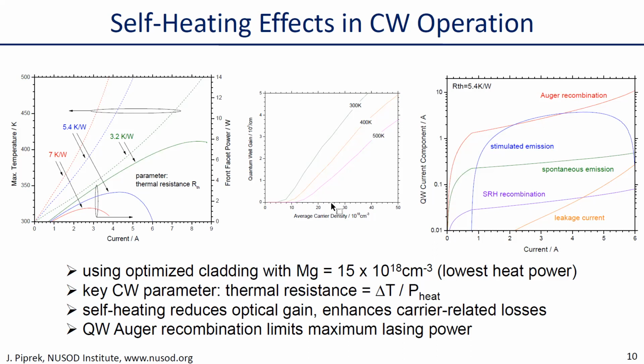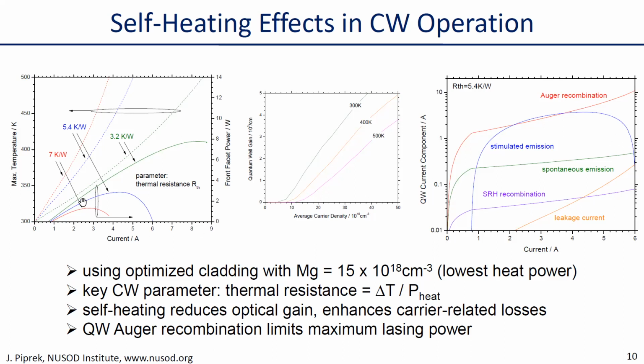And higher and higher carrier density means that we have more carrier losses. And one loss that rises most strongly is the Auger recombination that goes with the third power of the carrier density. And we see in this plot that the current consumed by Auger recombination is even higher than the current going into the lasing.